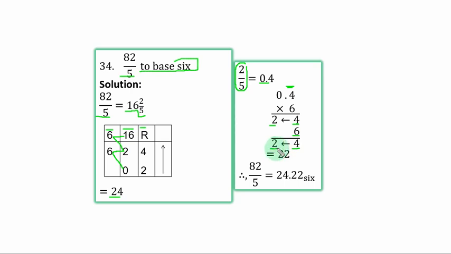So if you continue in this manner, you keep on having 4, 4, 4, 4, 4. So what we do, you stop the multiplication process and you record your answer as 0.22. But you know that 0 point is the whole number part that you replace by 24. So therefore 82/5 base 10 is equal to 24.22 in base 6.